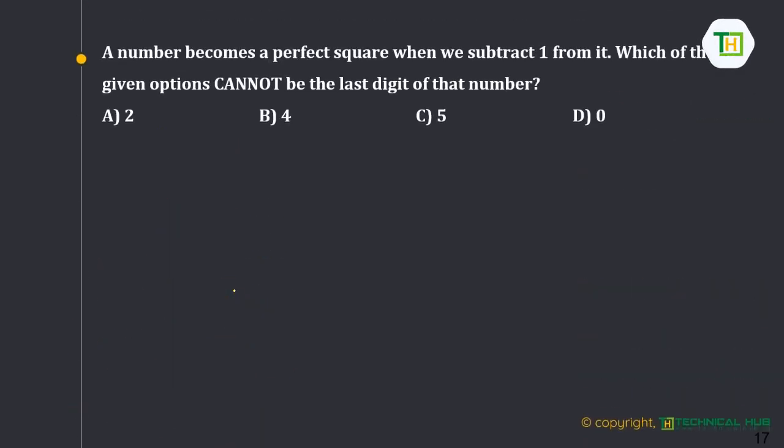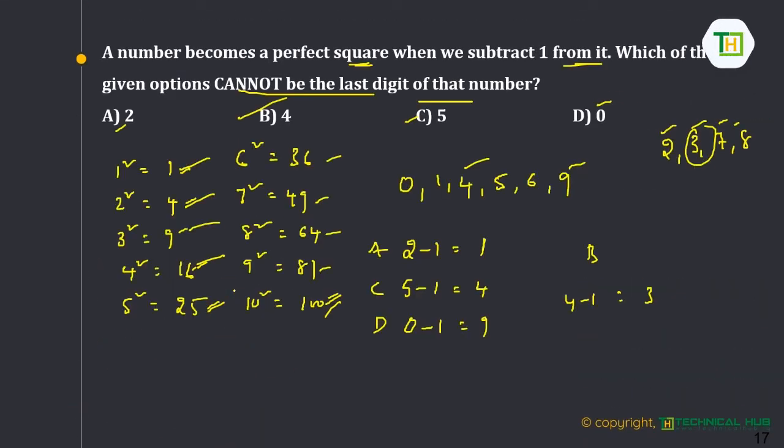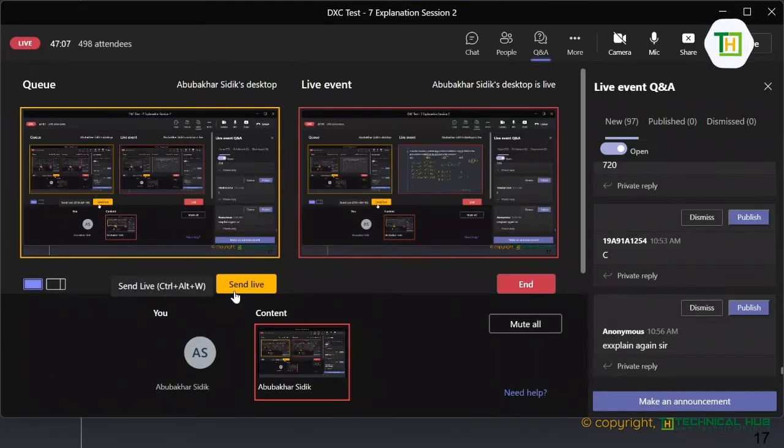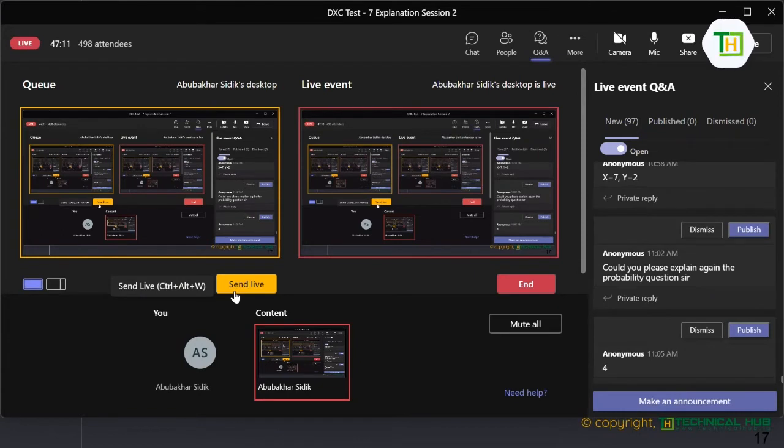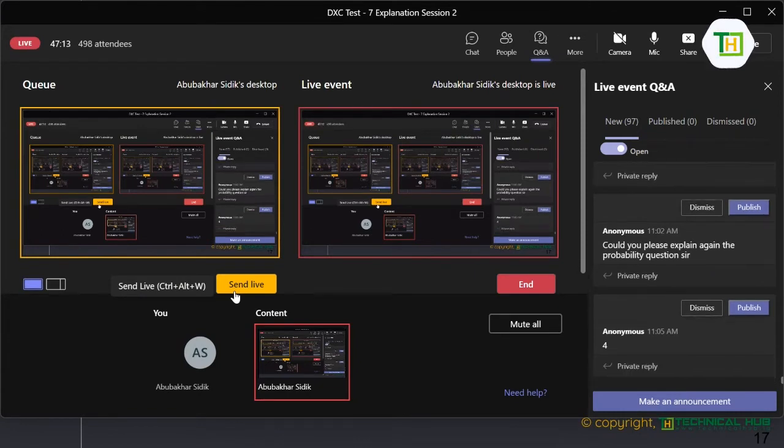Do you have any doubt in this paper? So please ask your doubts.